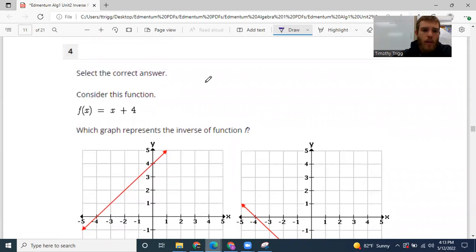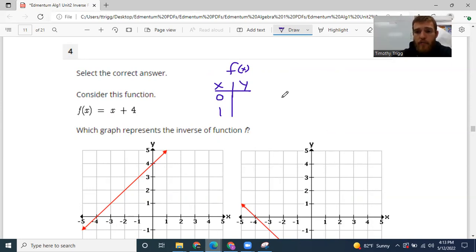Consider this function. Well, let's find a couple of coordinate points for this function f of x. One thing I could check is maybe 0 and 1. It doesn't really matter what numbers you pick as long as you don't go off the charts.